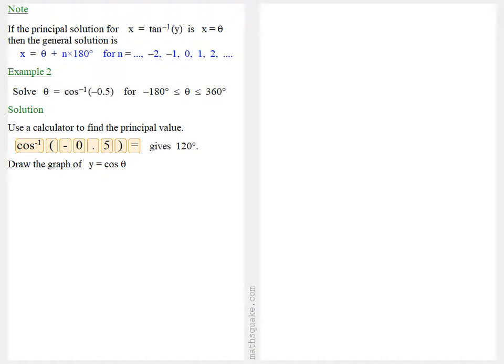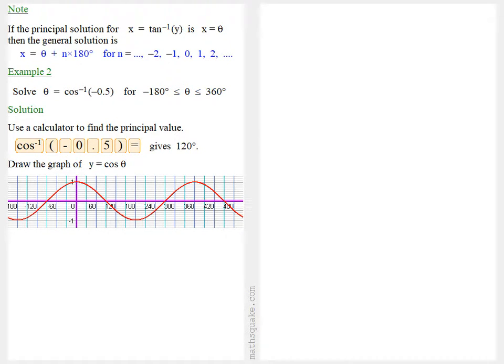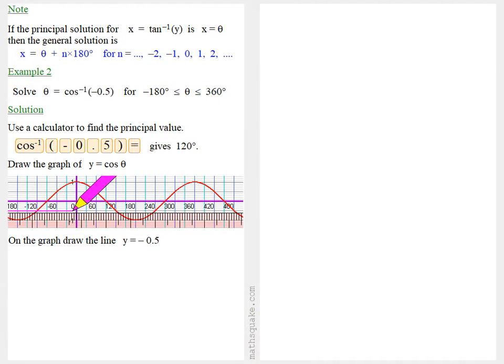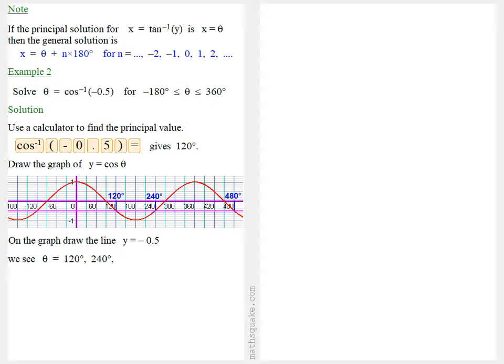So if we draw the cosine graph and draw a horizontal line at y equals minus 0.5, we see the line crosses the curve at 120 degrees, but it also crosses the curve at 240 degrees, 480 degrees, and minus 120 degrees, and so on. So the values we want are theta is equal to minus 120 degrees, 120 degrees, or 240 degrees.